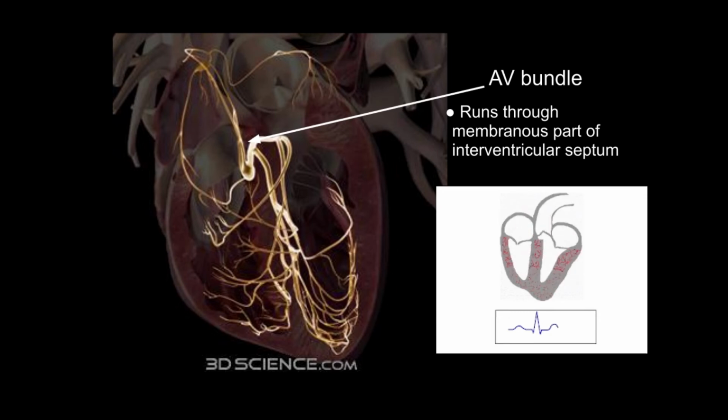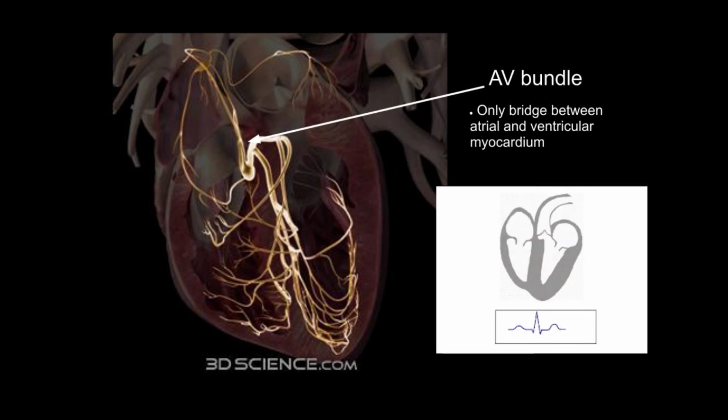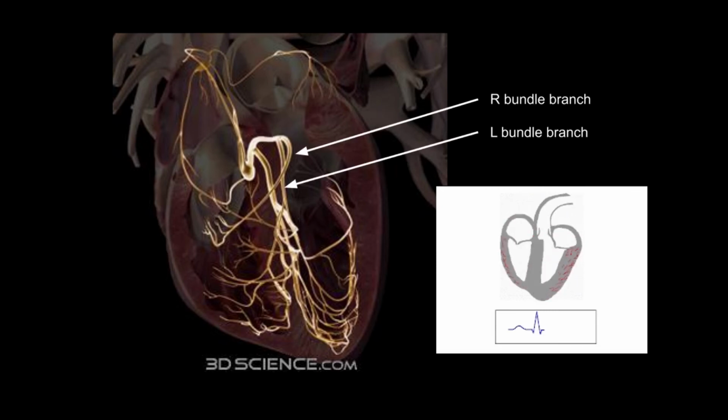From the AV node, it will now form the bundle of His, or generically we just call this the atrioventricular bundle, which will run now in the membranous part of the interventricular septum. It is the only bridge between the atria and the ventricular myocardium. So for the ventricles to be synchronized, the travel of the nerve impulses must be the same in both the left and the right bundles that emanate from this.